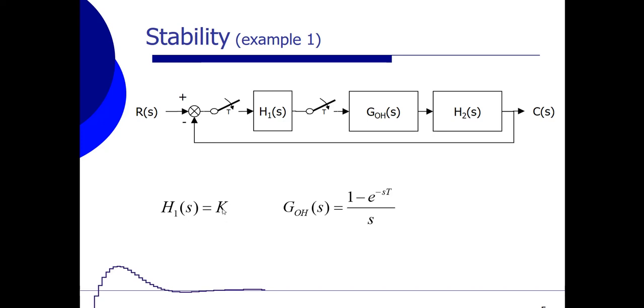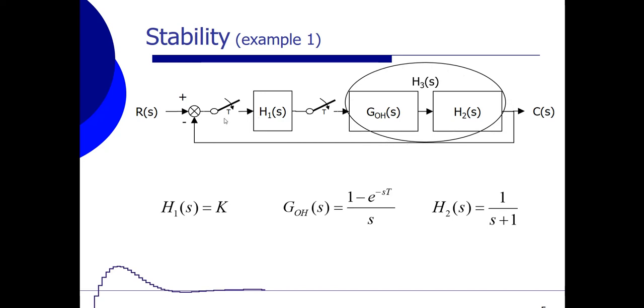So when we make the transformation to the Z domain, we have to do the transformation of this complete system, and let's call that H3. And let's define H2 as a simple system, a first order system. But for the transformation to the Z domain, we have to transform everything between samplers.